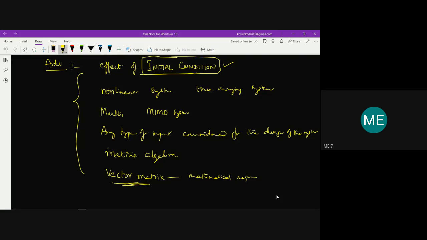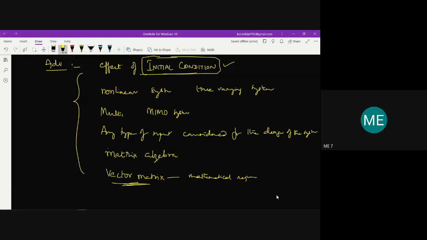Whereas in the time domain we discussed the step input, ramp input, parabolic input, and impulse input, the standard inputs. Here it involves matrix algebra, so it is easy for computations, and the variable notation in vector matrix form is the easiest way of mathematically representing any system rather than differential equations.